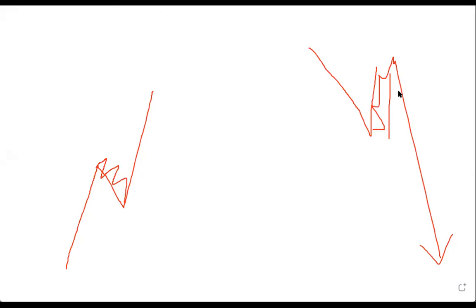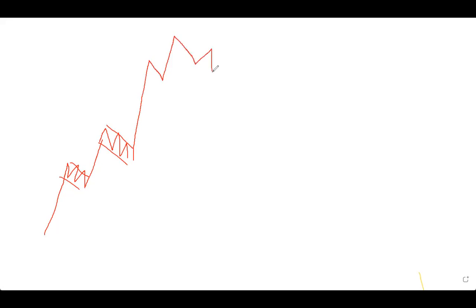Just a little recap. We said I want to put all the things on one picture now so that we can fully understand. We said we have what we call a head and shoulders pattern.